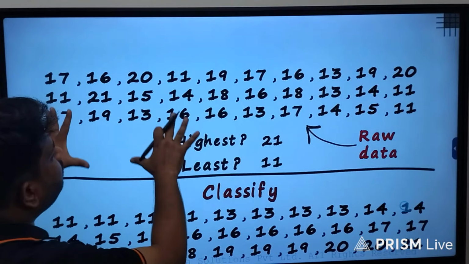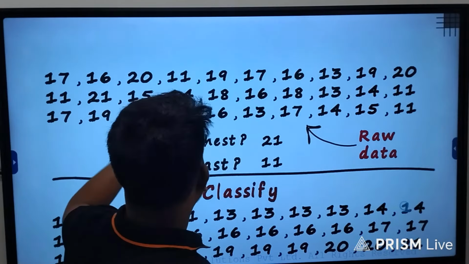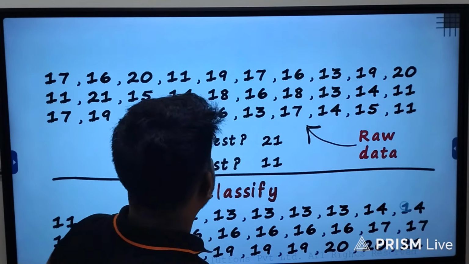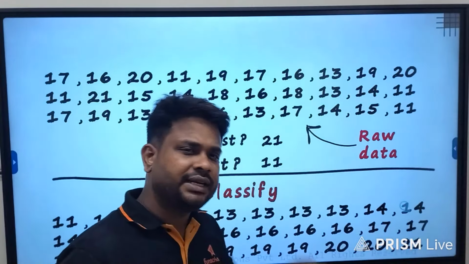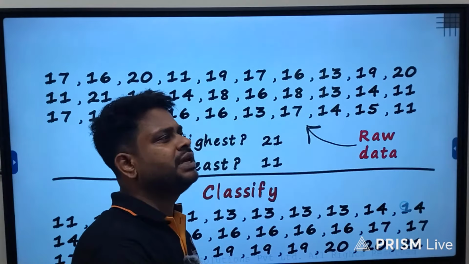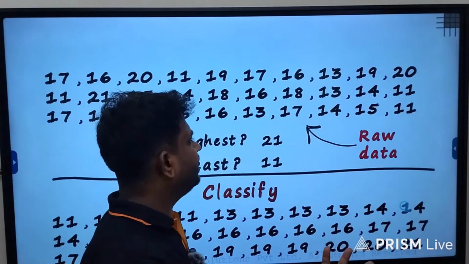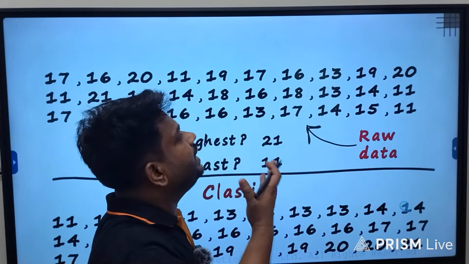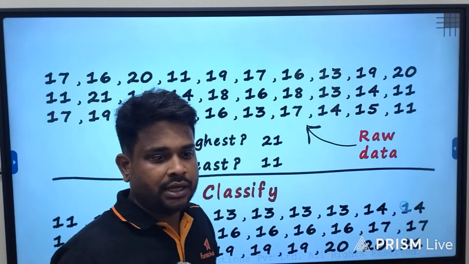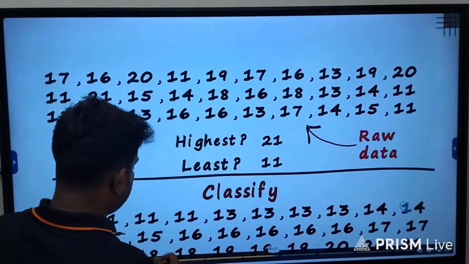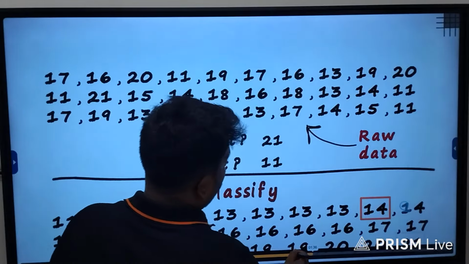In this given form of raw data, there are so many types of numbers, and it can be anything. It can be symbols, decimal numbers, letters or something else. All of these can be called data or raw data.